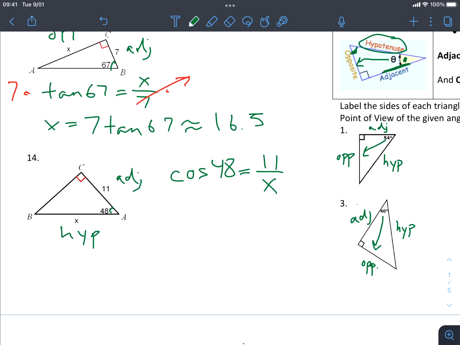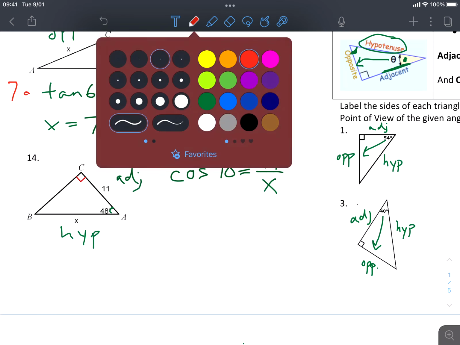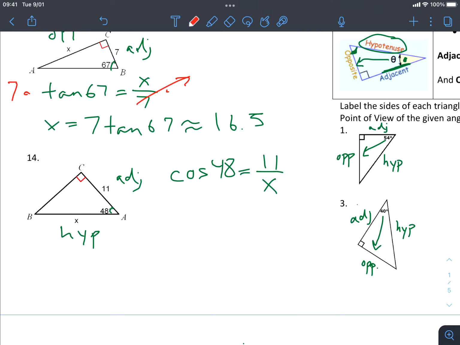Now, it's kind of interesting because we have the x on the bottom. There's a really cool way to show how to do this, but I'm going to show you the nice, simple shortcut way. You simply switch the position of the x and the cosine of 48. You can cross multiply, treat them as fractions, and you would get the same thing, but all we're doing is switching the place of the variable and our trig function.